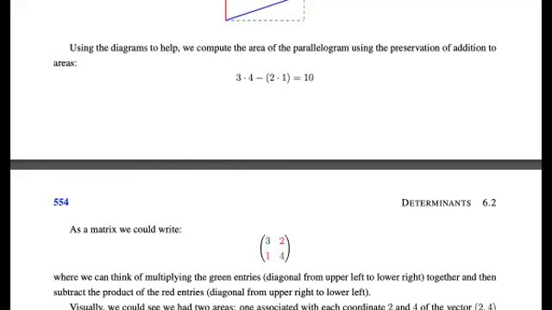This is true for 2 by 2 matrices. We have this idea of this diagonal multiplied minus that diagonal, as long as the base vector from where we're working off happens first, and then the one coming from it happens next in columns.